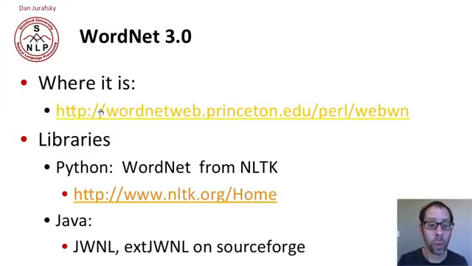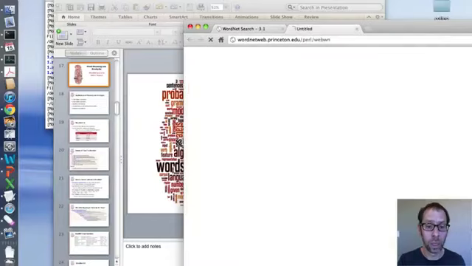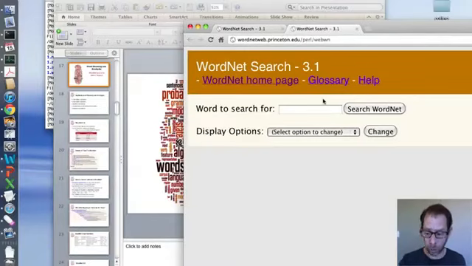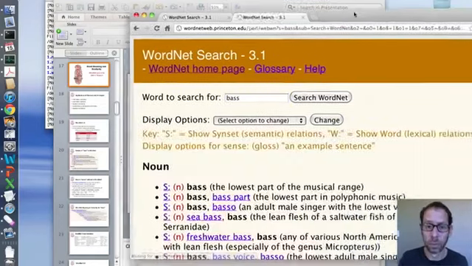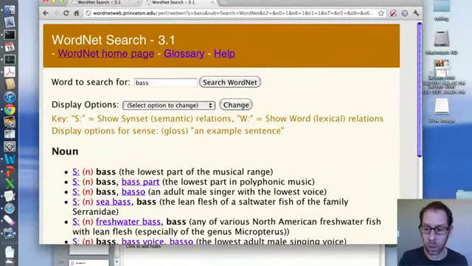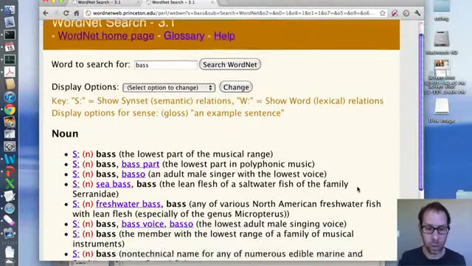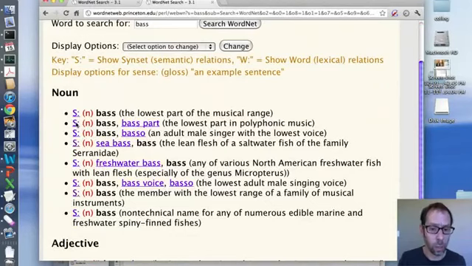Now you can look on the web for WordNet. Here it is. We can look for the word bass. And sure enough, there it is. There are our senses of bass, and we can click on one of them. Let's click on one of the fish.